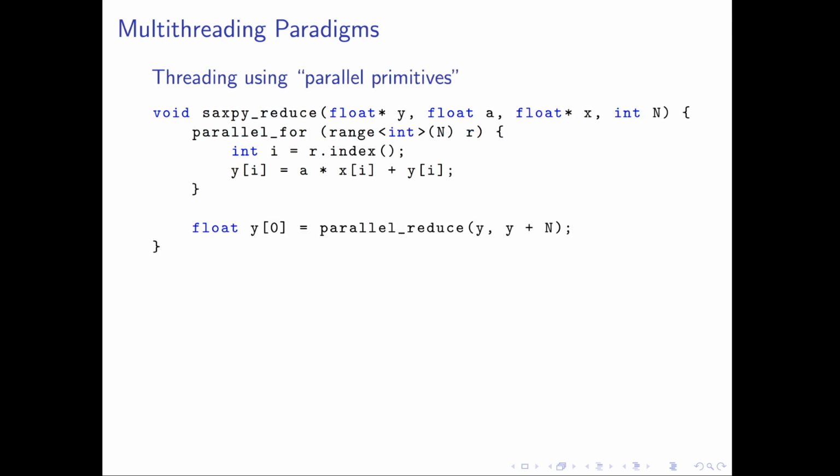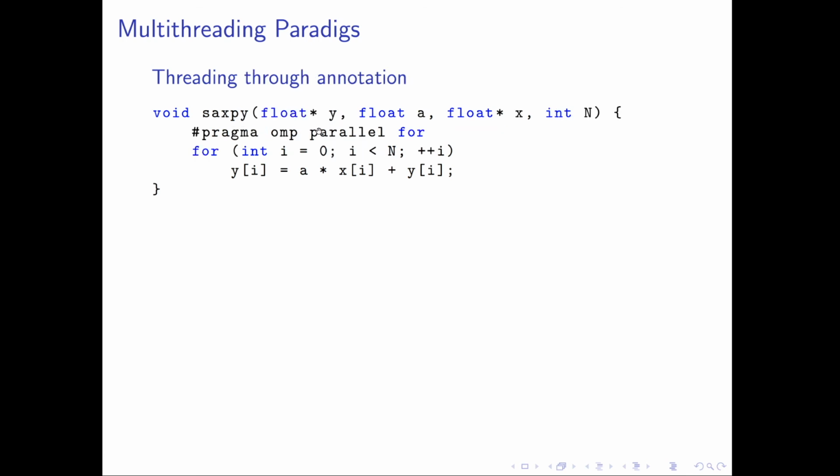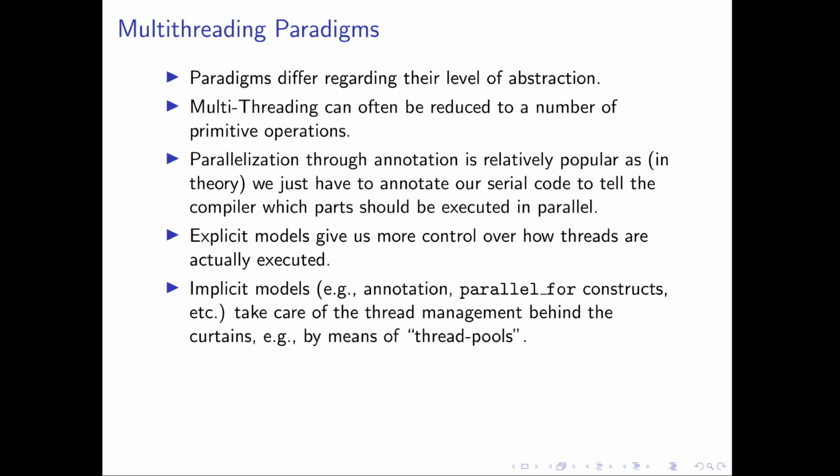If we go back to the parallel for construct from before, I at least have control over those tiles, and I can access the ranges. With threading through annotation with an API such as OpenMP, for example, I pretty much lose control over these things. On the other hand, I gain very much in developer productivity, because obviously this is a much easier way to parallelize code than using explicit APIs.